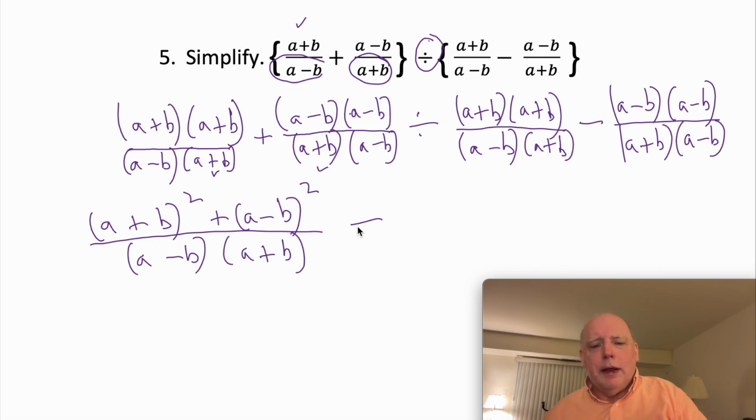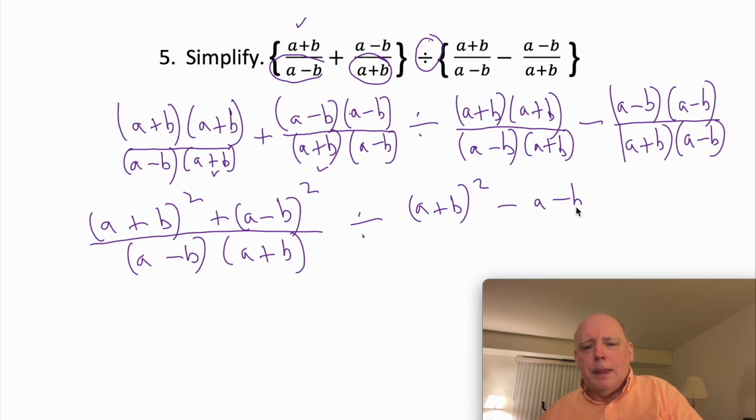And then we're dividing that by, similar thing, a plus b squared minus a minus b squared over the common denominator. And it's the same denominator. A plus b, a minus b.